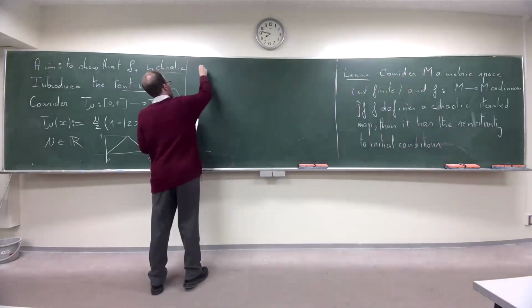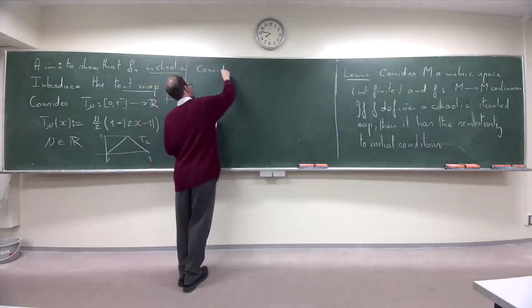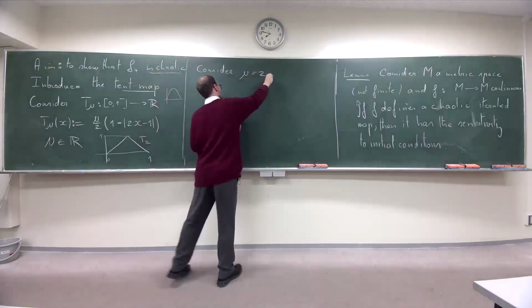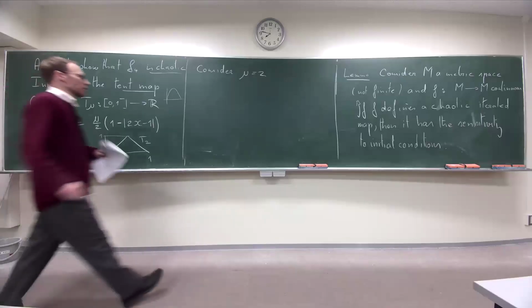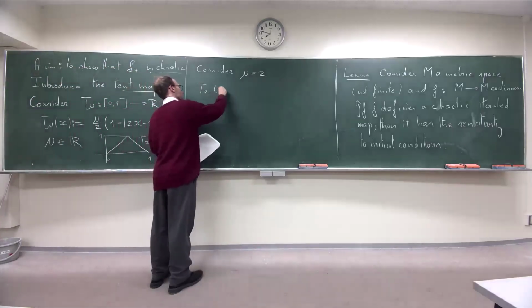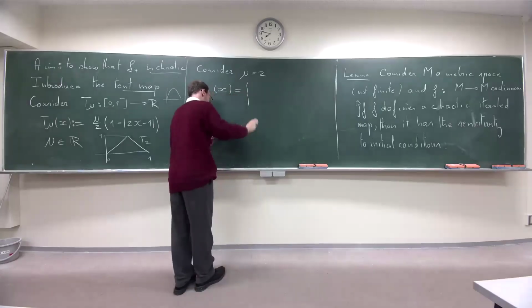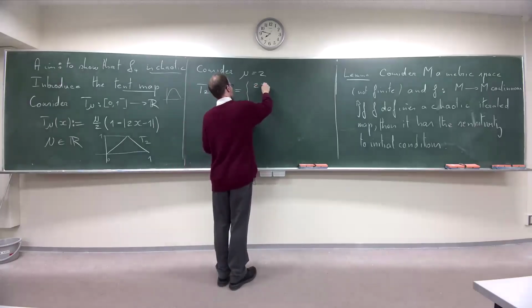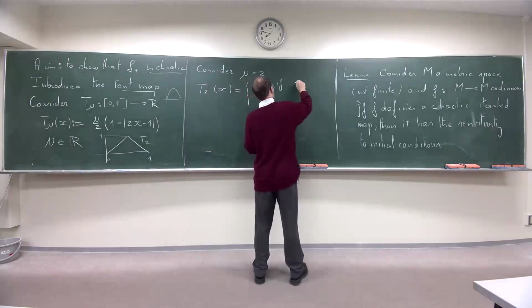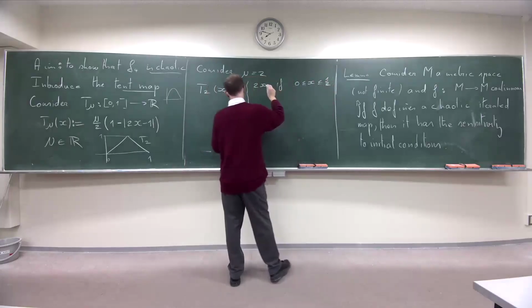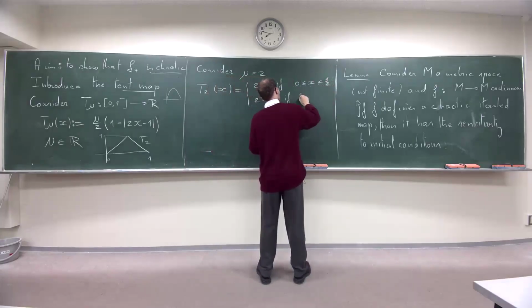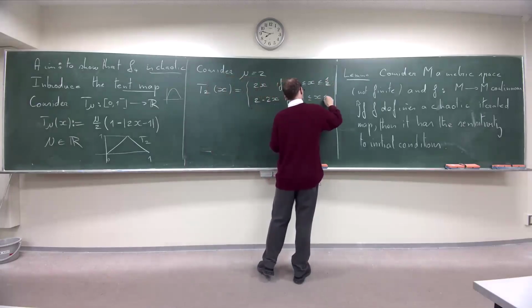Okay, so we consider first mu equal to 2. We will need other mu for the next section, but for this one, I consider only mu equal to 2. If you want to get rid of the absolute value, you can. T2 of x is going to be 2x if x is between 0 and 1/2, and you are going to get 2 minus 2x if x is between 1/2 and 1.